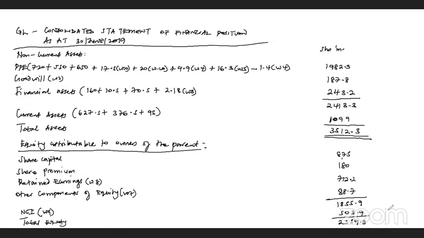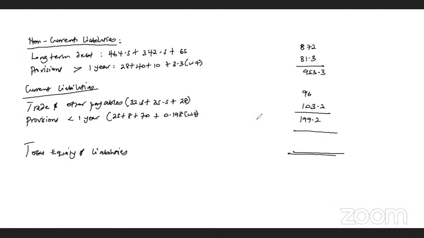Your total equity was 2359.8. When you add, you get 3,512.3 as your total equity and liabilities.